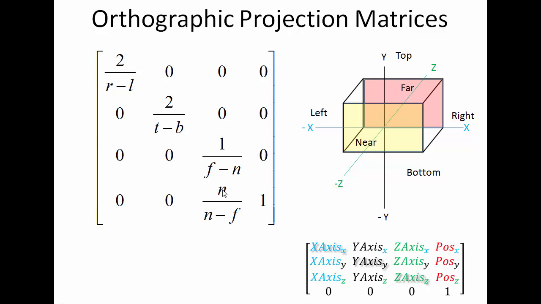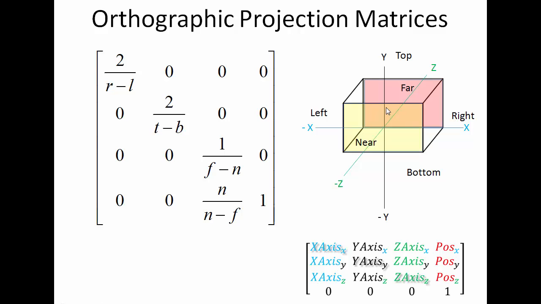I'm just briefly showing it as an example rather than going into detail about how the math is actually done. But we basically have the right side of the box minus the left side of the box positionally, the top minus the bottom, the far plane minus the near plane, the near over the near minus the far plane. And if you go through the math correctly, it should compress it all down to a 2D plane so that it can be drawn on a 2D screen.